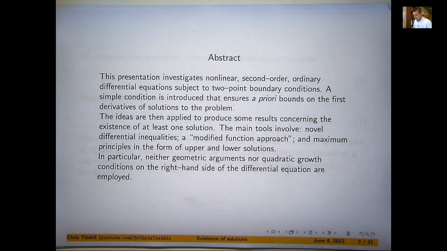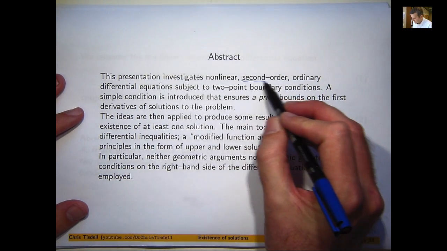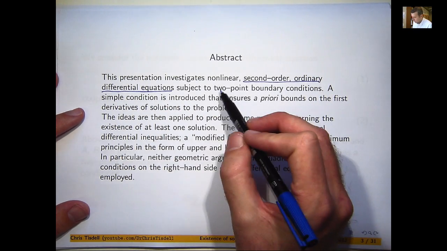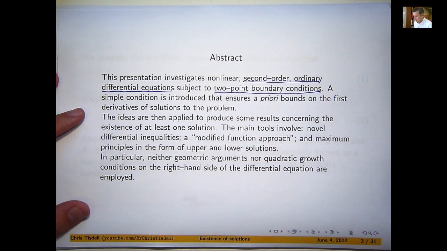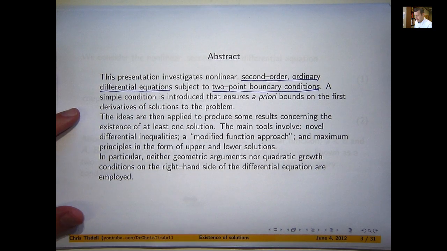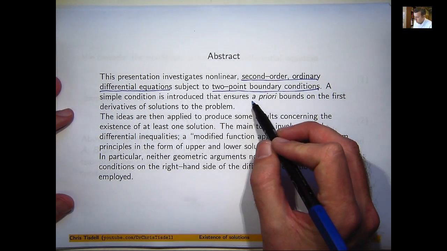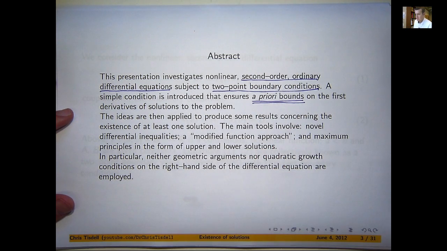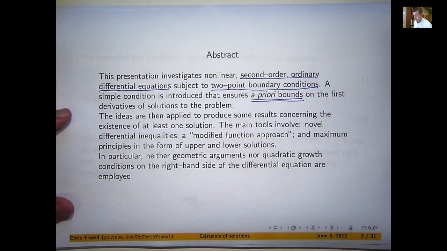So in particular, we're going to look at second order ordinary differential equations, or ODEs, with 2-point boundary conditions. Now I'll present some ideas involving what's known as differential inequalities to generate so-called a priori bounds on the first derivatives of solutions to the problem under consideration.